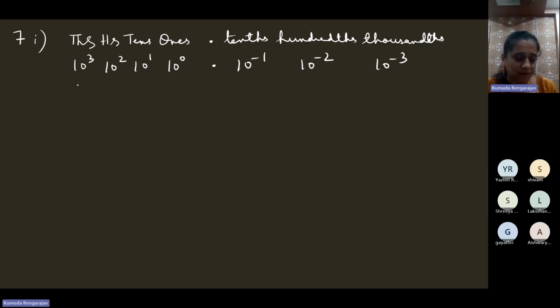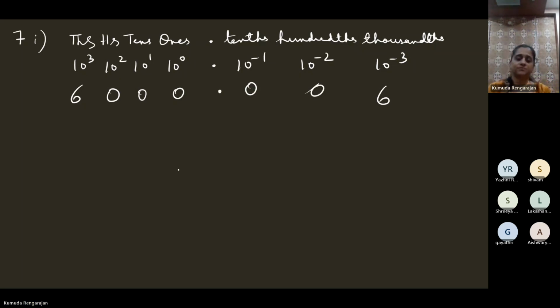So in the place 10 to the power 3, we have the digit 6. And then in the place 10 to the power minus 3, we have 6. And nothing in the middle. So 0, 0, 0, decimal point, 0, 0. The number is 6000.006. The question is find the number.